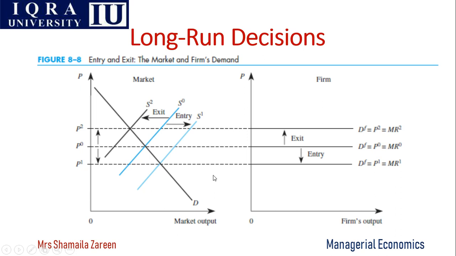This is illustrated in figure 8.8 as the shift from S0 to S1, which lowers the equilibrium market price from P0 to P1. This shifts down the demand curve for an individual firm's product, which in turn lowers its profit.